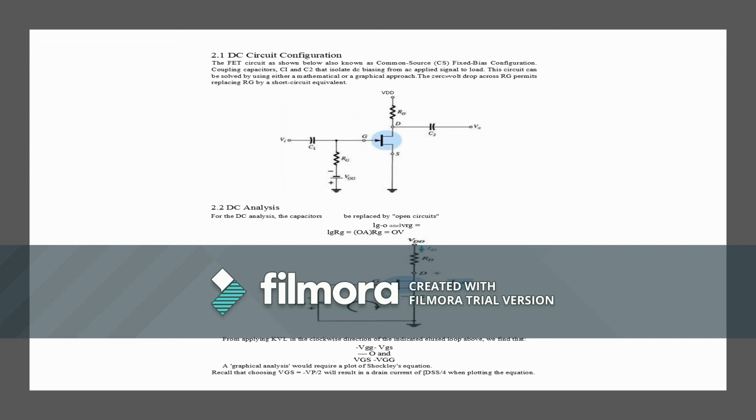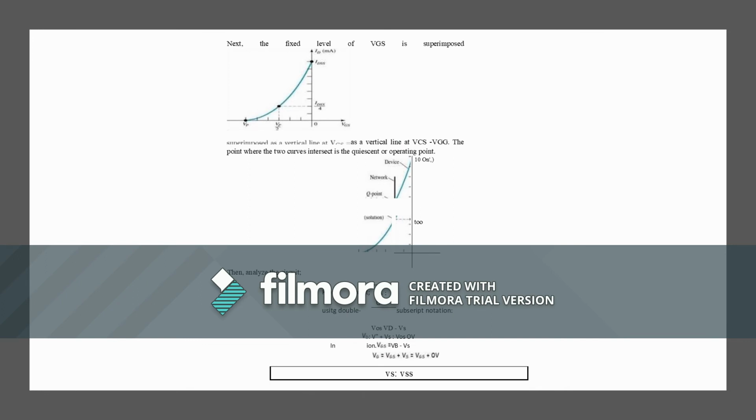Setting Vi to zero as required by the definition of Zo, we establish VGS as 0 V also. The result is gm VGS and the current source, so Vo is the current times RD in parallel with rd.